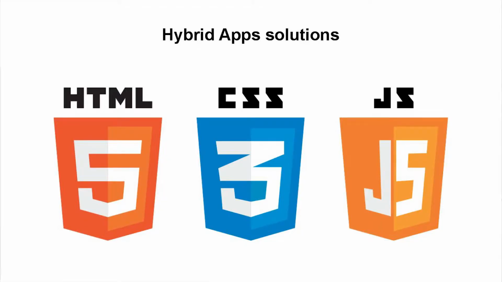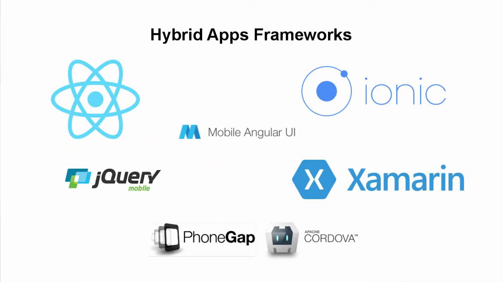But when it comes to hybrid solutions, we are using a combination of HTML5, CSS3, and JS, with one of the frameworks. One of the most popular frameworks which we are using to create hybrid apps is React Native, which is a child of React, which was provided by Facebook.